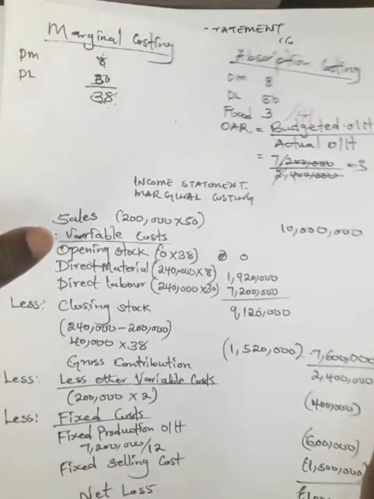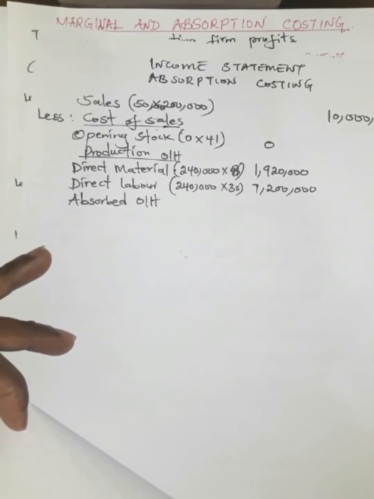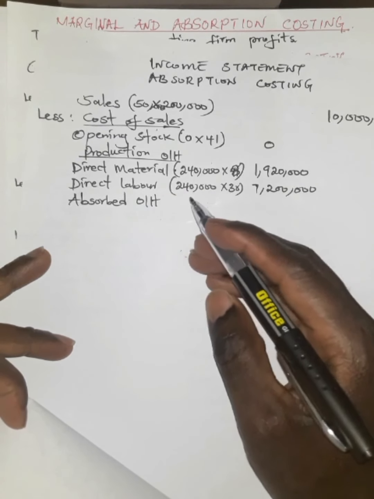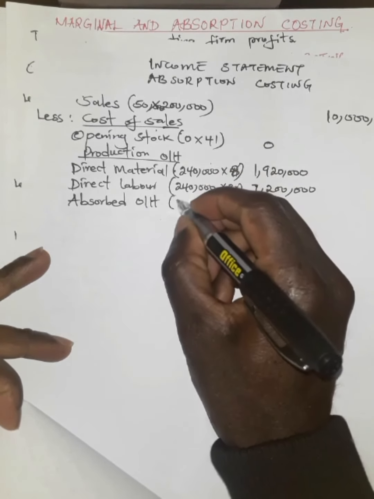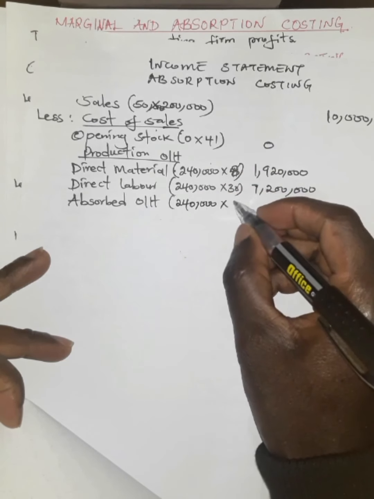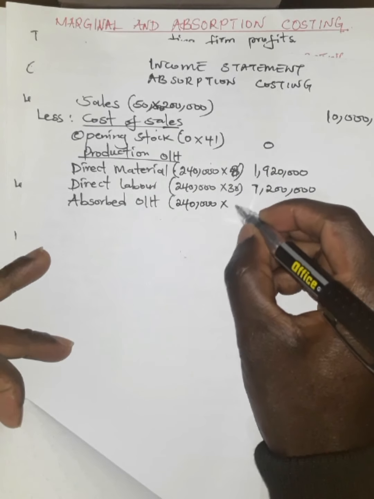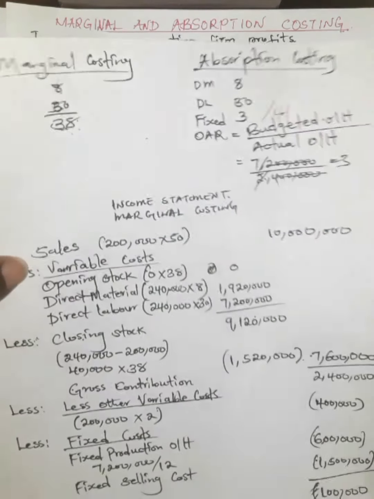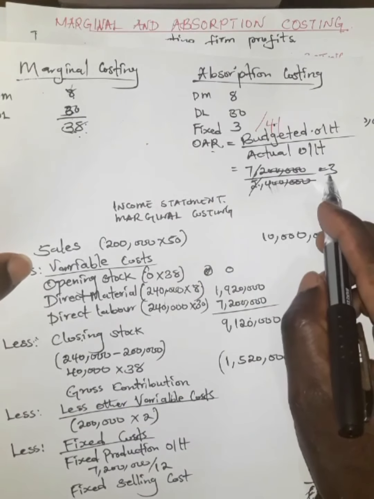To get it, we take the units produced, 240,000, times the overhead absorption rate, which we computed as 3.